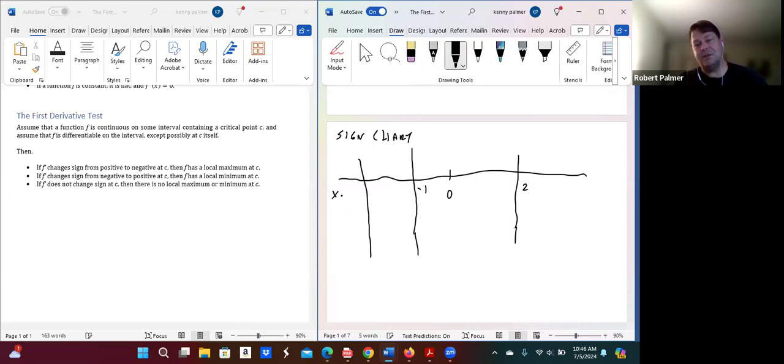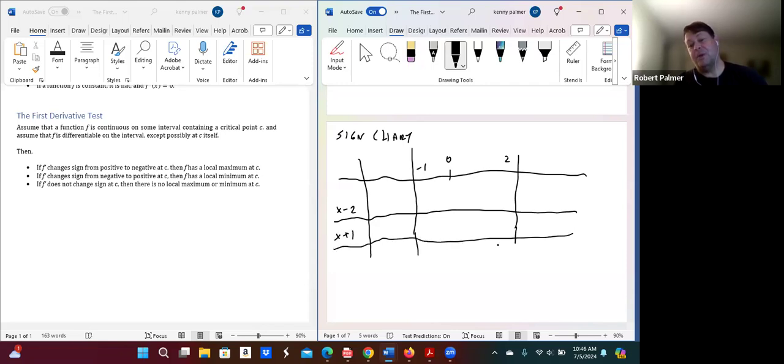So this is going to be x minus 2. And then, you know what? Let me just make this a little better. Put my numbers up here. This is 0. This is -1. This is 2. Okay. x minus 2 and x plus 1.